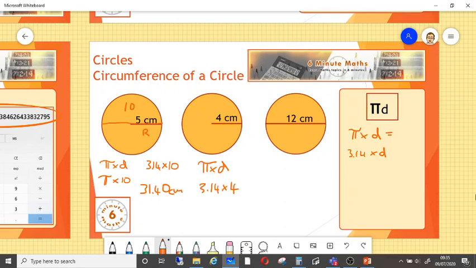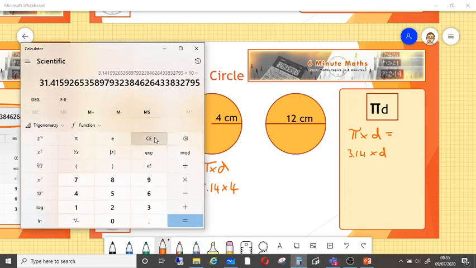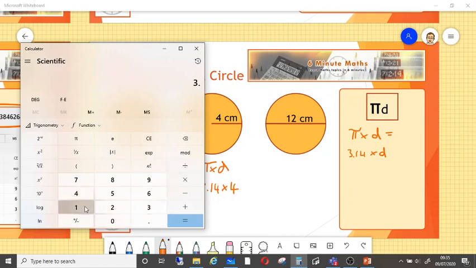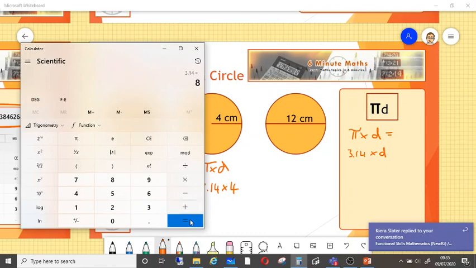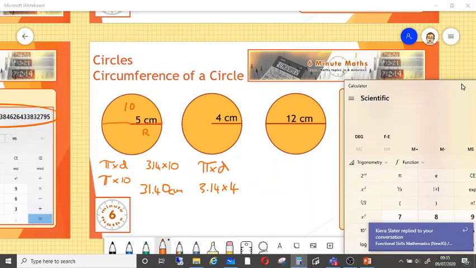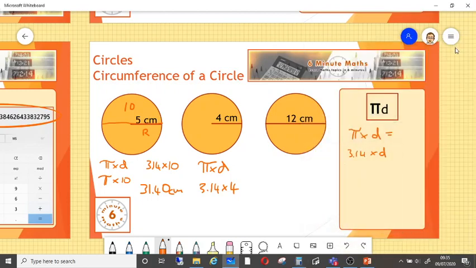Let's get my calculator, we can work that one out. 3.14 times by, it's not 4, is it? 4's the radius, so it's 8, which equals 25.12.